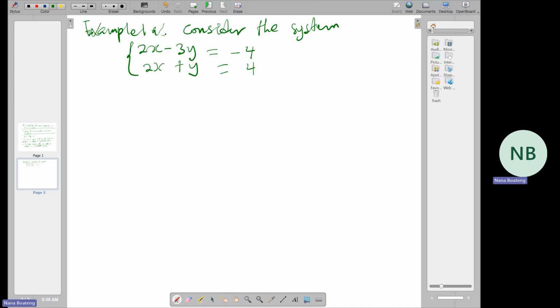So this is the system, and the question says determine if the ordered pair 1, 2 is a solution of the system.